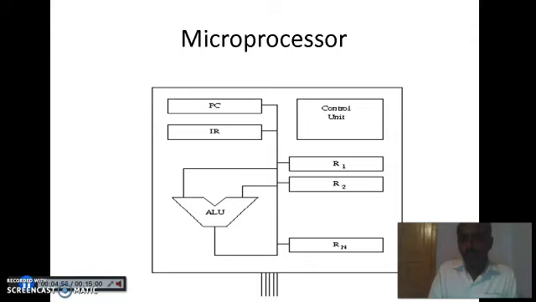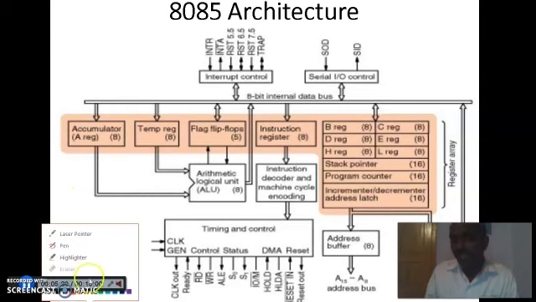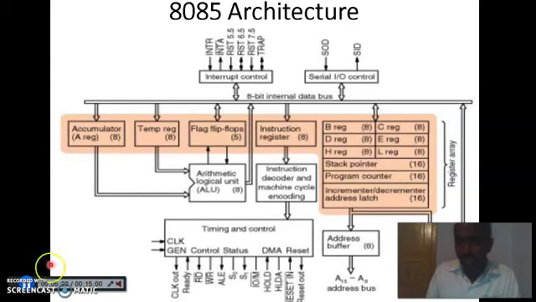Clear? Okay. Next is the architecture of the 8085 microprocessor. We already discussed the basic functional blocks; the first one is the ALU.